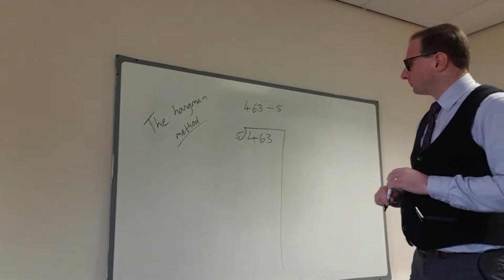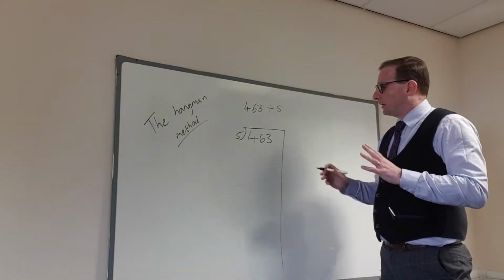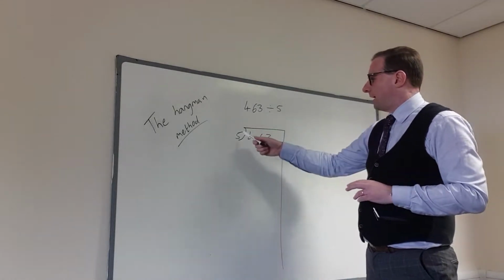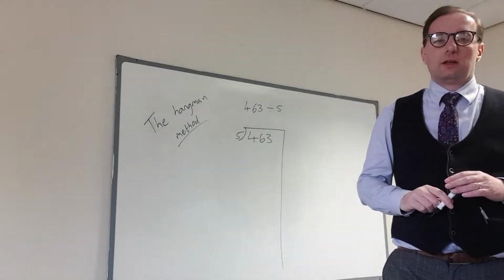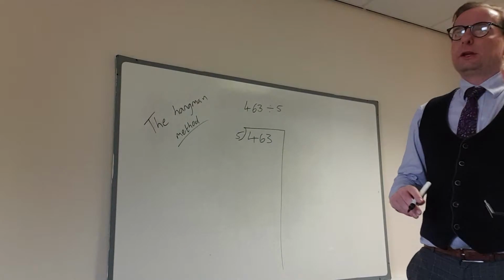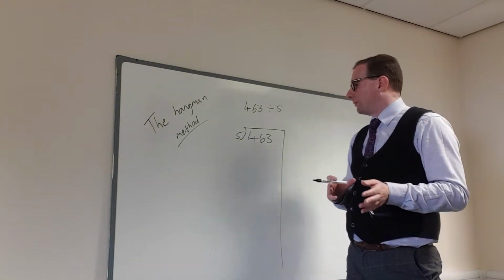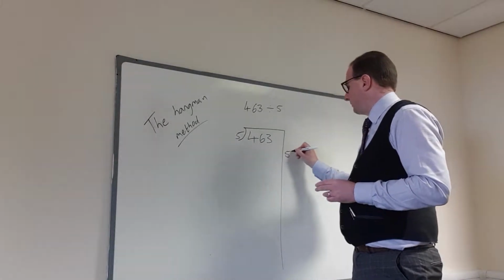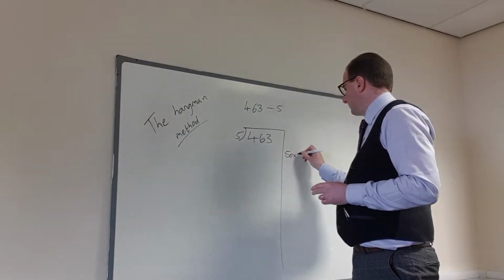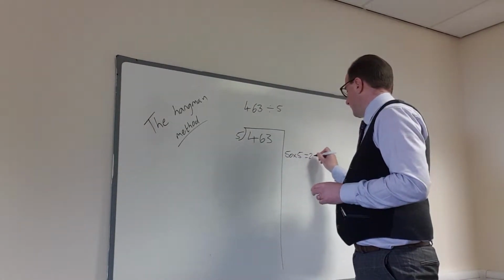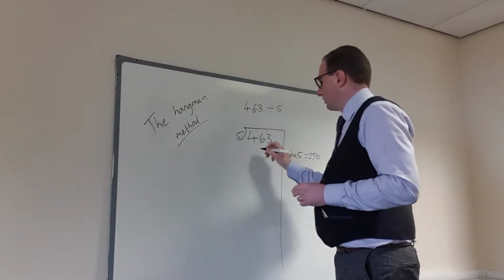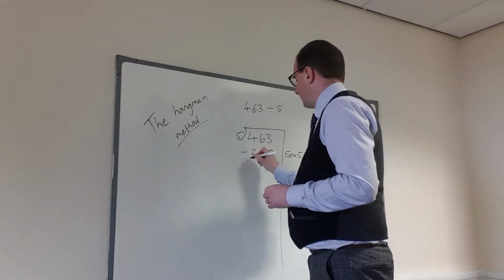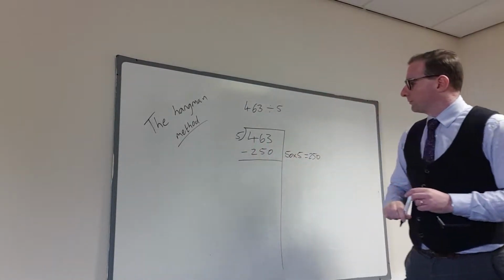Think of a larger number. It doesn't go into it 100 times, because 100 times 5 is 500. So break it down. What's half of 100? 50. So 50 times 5 is 250. Take that away from the total.